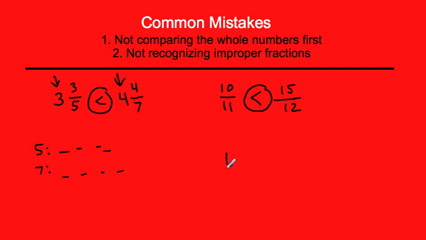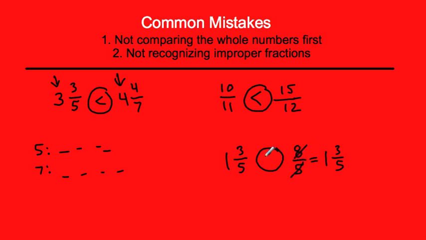Sometimes you see things like mixed numbers, 1 3/5, is that less than, greater than, or equal to 8/5? And people will look at the whole numbers and say, well, this one has a whole number and this one has nothing for the whole number, therefore this one must be greater. Well, this is actually an improper fraction, which should be converted to a mixed number. 8/5 would be converted to 1 3/5.